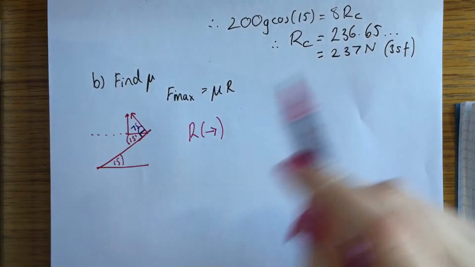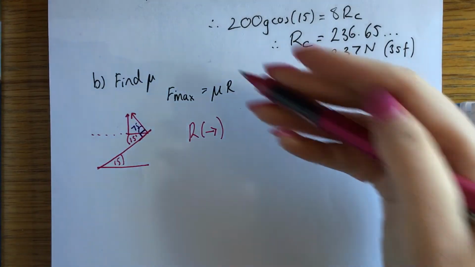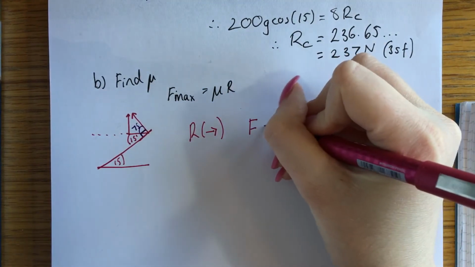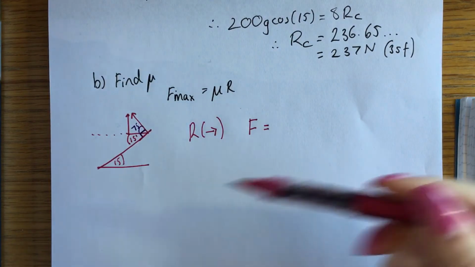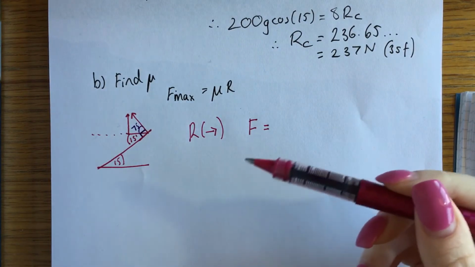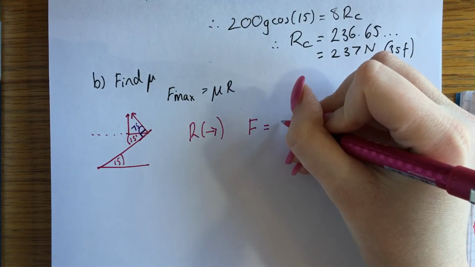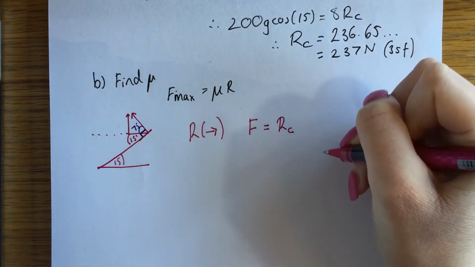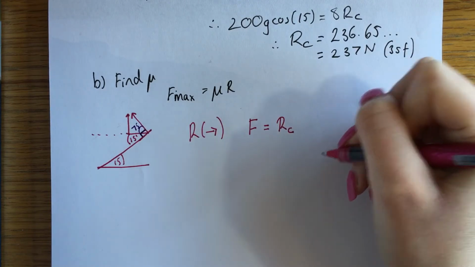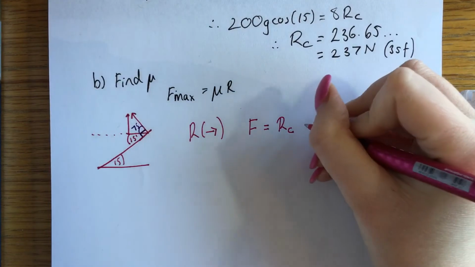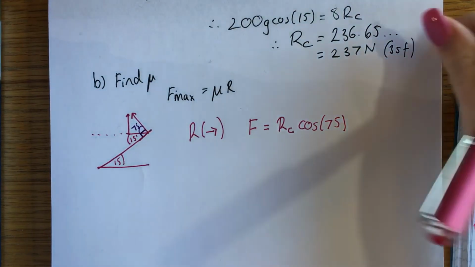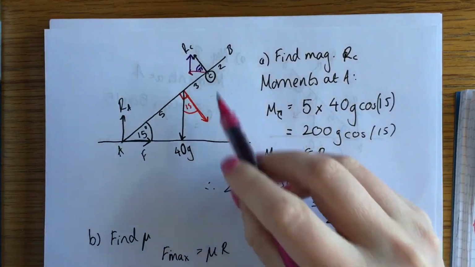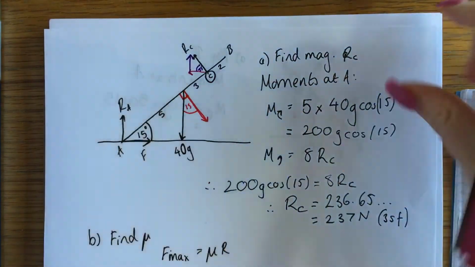So I've got my horizontal force of friction acting in that direction, and that is equal to the horizontal of the normal reaction at C acting in the other direction, so it must be equal to my normal reaction at C. I'm just going to write it like that rather than writing out all the decimal places because it makes it easier when we're working, multiplied by cos of 75, okay? So that is going to be cos of 75.